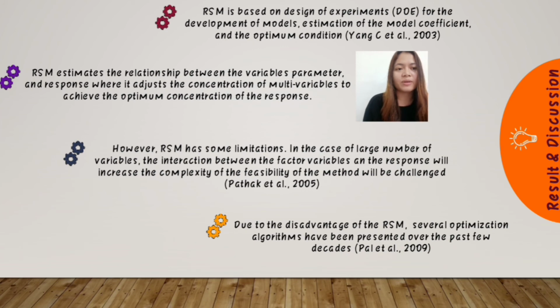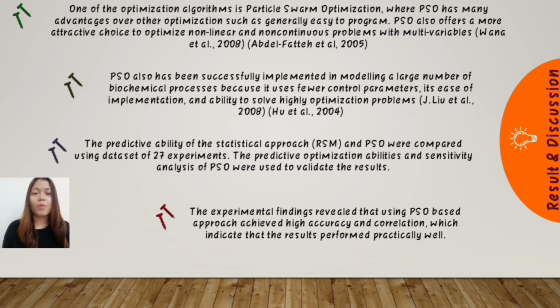According to Pal 2009, one of the optimization algorithms is particle swarm optimization, where PSO has many advantages over other optimization methods, such as being generally easy to program. PSO also offers a more attractive choice to optimize non-linear and non-continuous problems with multiple variables, according to Wang 2008 and Abdel 2005.